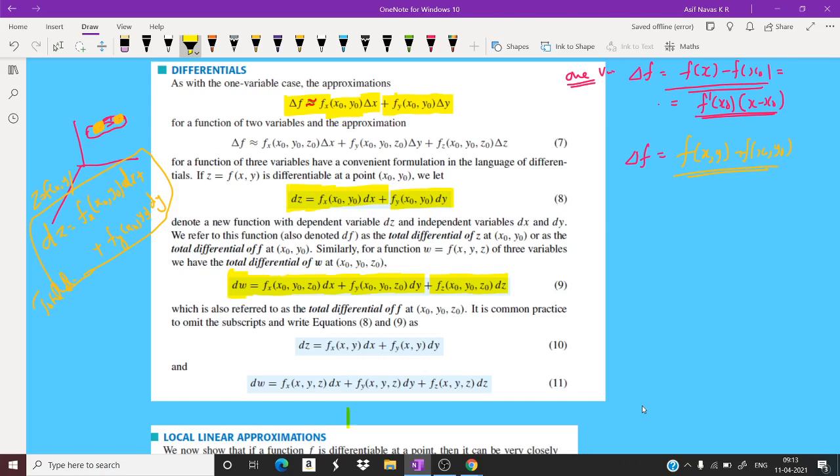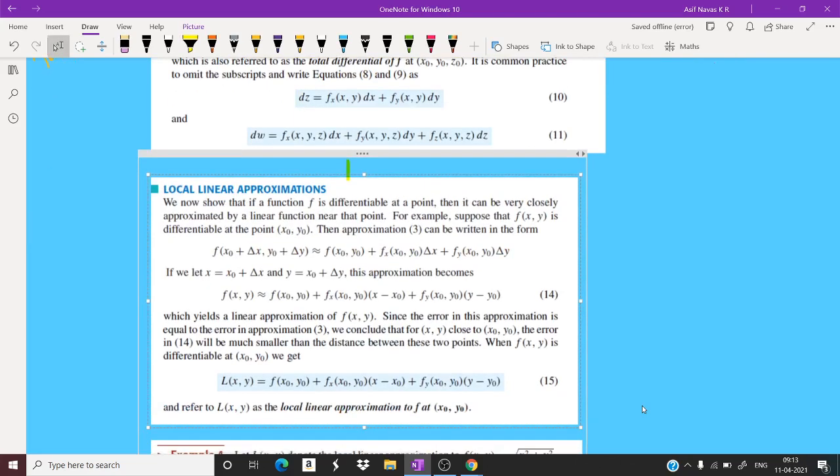Now how will we use local linear approximation? In the one variable case, we know that the local linear approximation L of x is f of x naught plus f dash at x naught, that is the derivative at x naught, times x minus x naught.